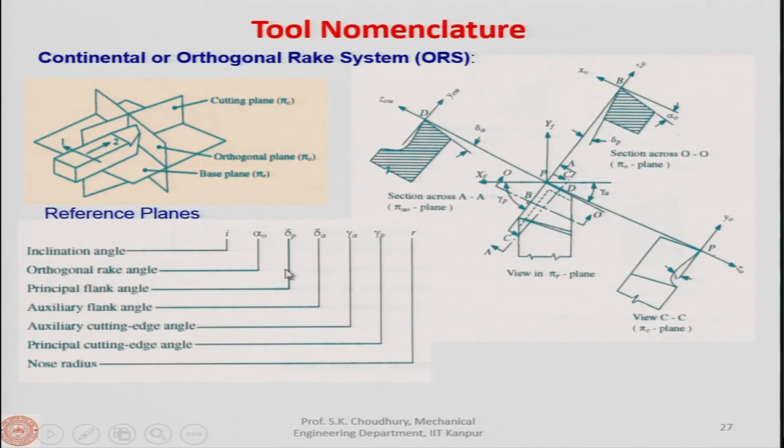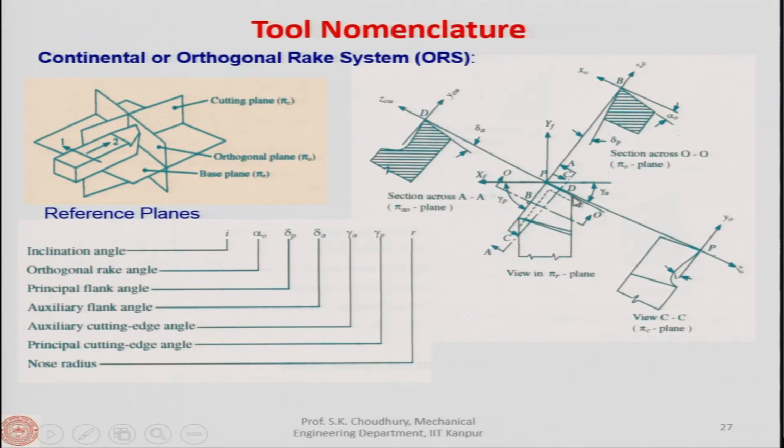You can see from here, the principal flank angle is here, because this is the principal cutting edge. On this edge, the plane revealed is the orthogonal plane. So both the orthogonal rake angle and the principal flank angle are in the orthogonal plane. And the next is the auxiliary flank angle, which is defined in the plane perpendicular to the auxiliary cutting edge.